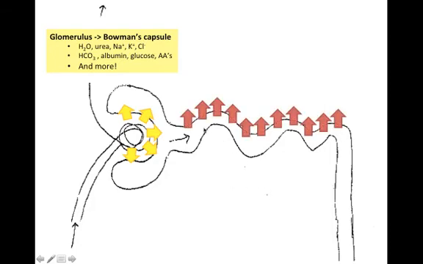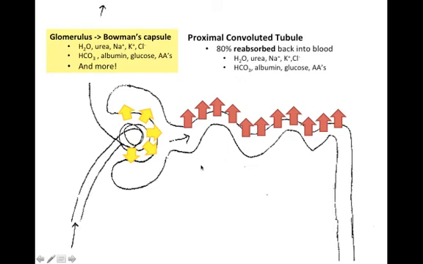And what's going to happen here, as you can see, is a ton of reabsorption. I didn't overdo it with the arrows. This is intentional because this is the area, the proximal convoluted tubule, where 80% of what left the glomerulus here gets reabsorbed. So even though we filter almost all the blood through, we reabsorb it back.